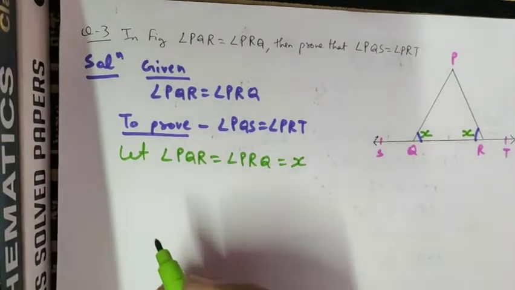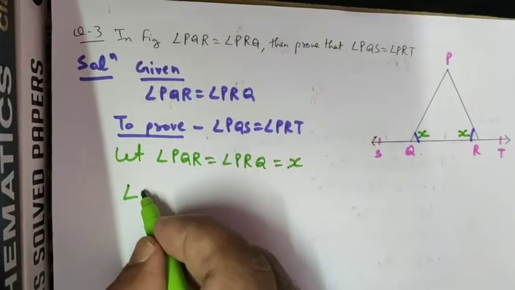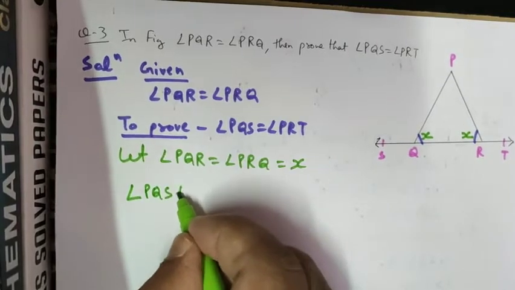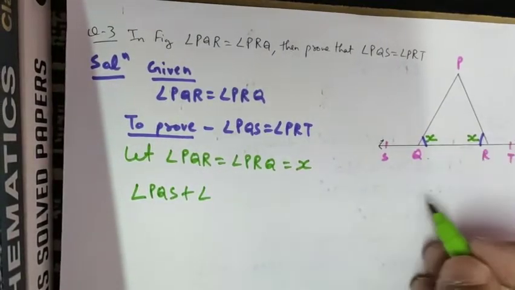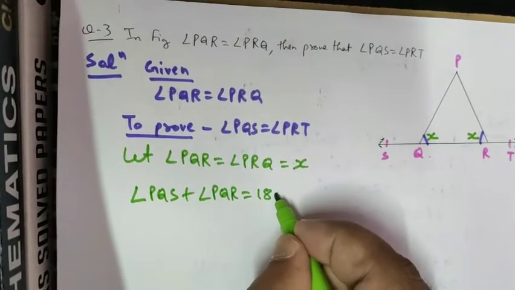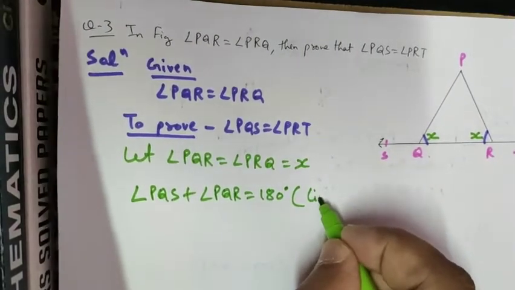Now angle PQS plus angle PQR will be equal to 180 degree by linear pair.